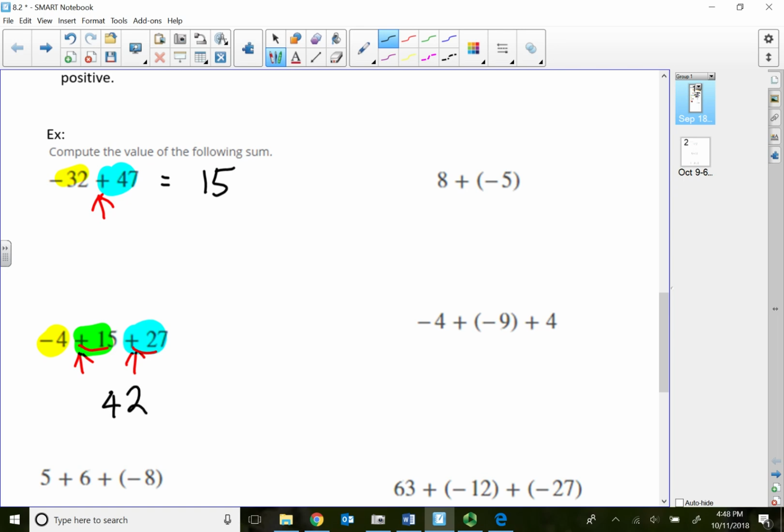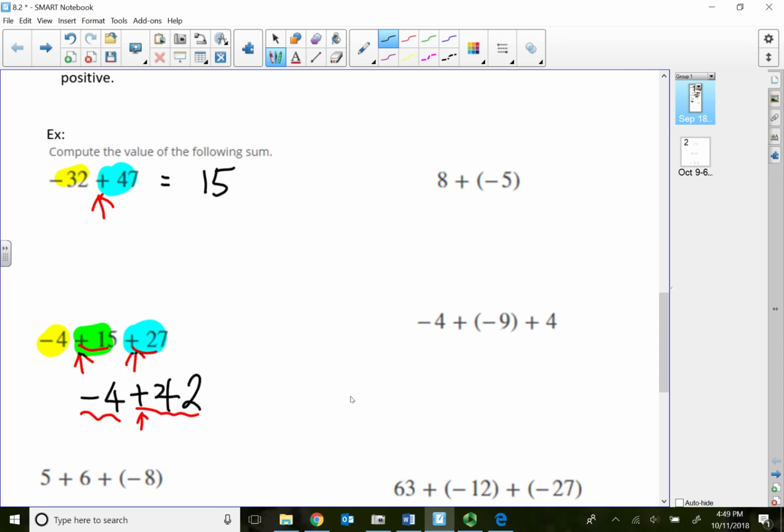All right, my first term is still negative 4, and every term can only have one sign. So my 42 is actually positive 42. So this problem now just becomes negative 4 plus 42. The plus sign outside the parentheses separates two terms, negative 4 and positive 42.